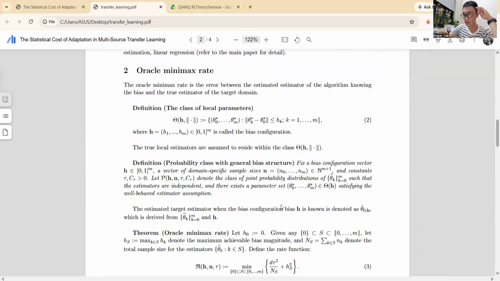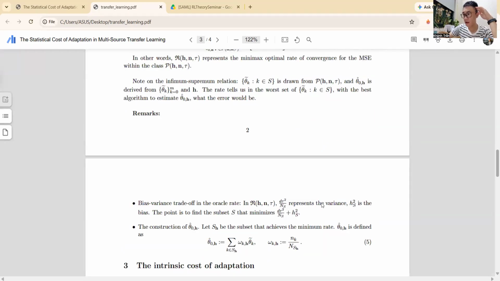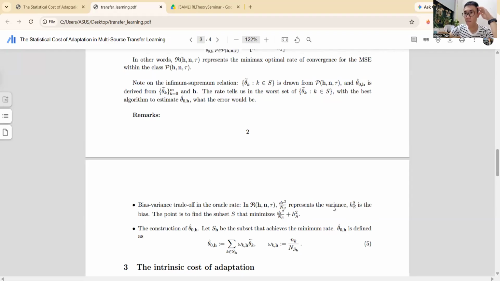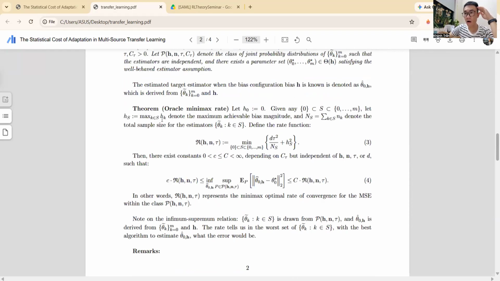So that's the variance. And H here is the maximum value over the bias within the subset S. So that's the bias.